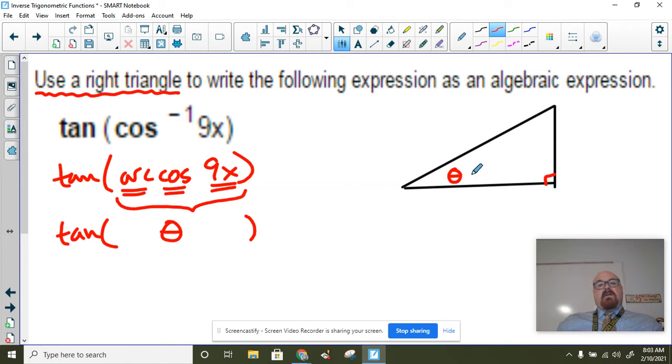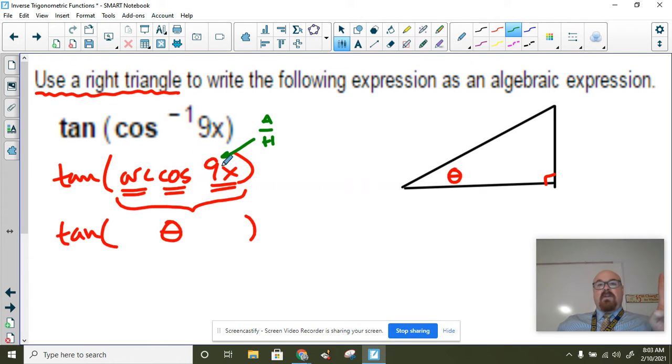But what this problem is saying is that this angle has a cosine value of 9x. And if we're using a right triangle, that means 9x, as awkward as it sounds, is an adjacent over hypotenuse ratio. Because the input to an inverse function is either a ratio of sides or a coordinate.